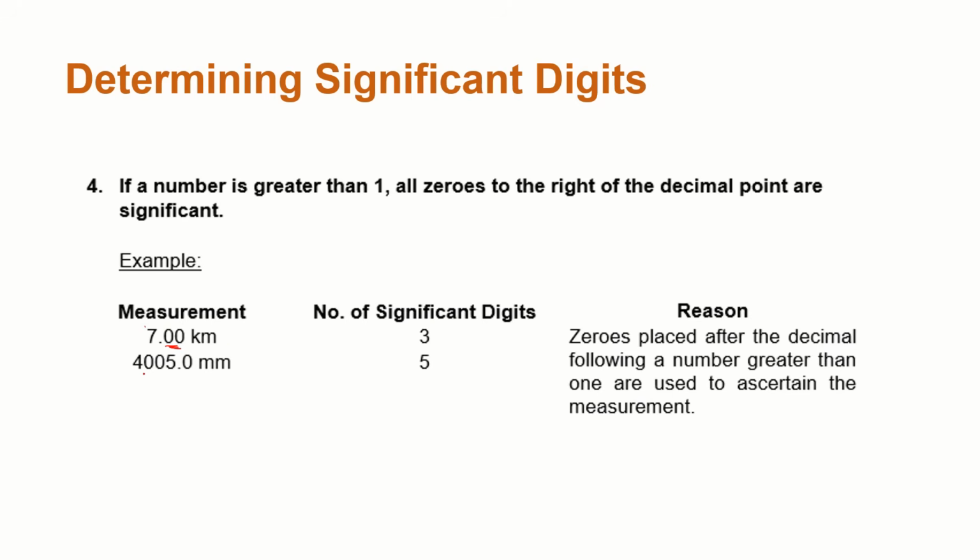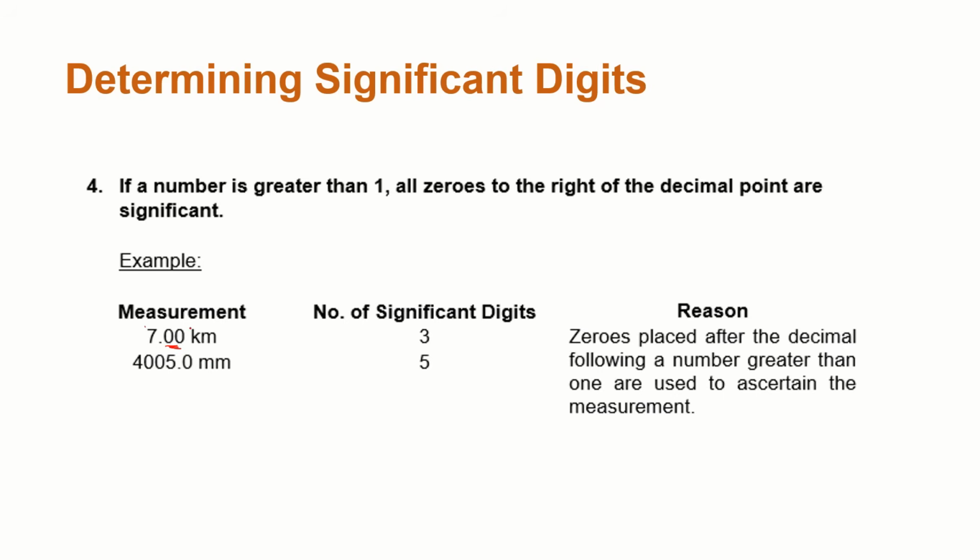So the same in this one. 4.005.0 millimeters, there are 5 significant digits. So zeros placed after the decimal following a number greater than 1 are used to ascertain the measurement. So ito yung measure of certainty natin.